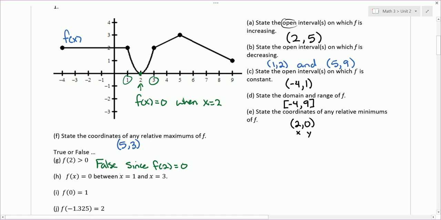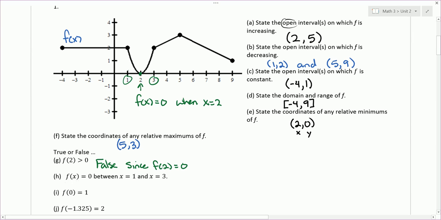And it's true that 2 is between 1 and 3. But this is stated a little weird. It says f of x equals 0. Does it mean at one point between 1 and 3, or everywhere between 1 and 3? So it's not as specific as it should be, and hopefully the test will be more specific than this. If not, I will clarify for you.